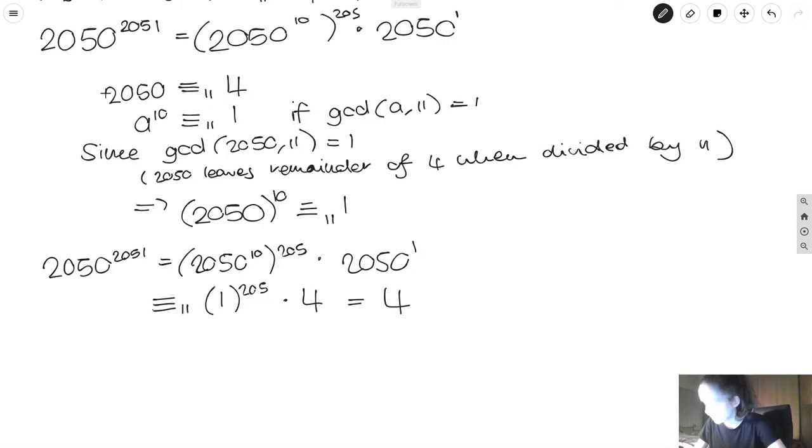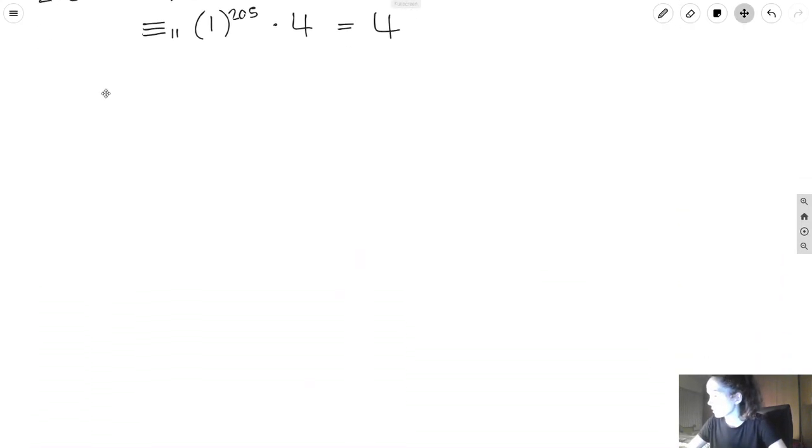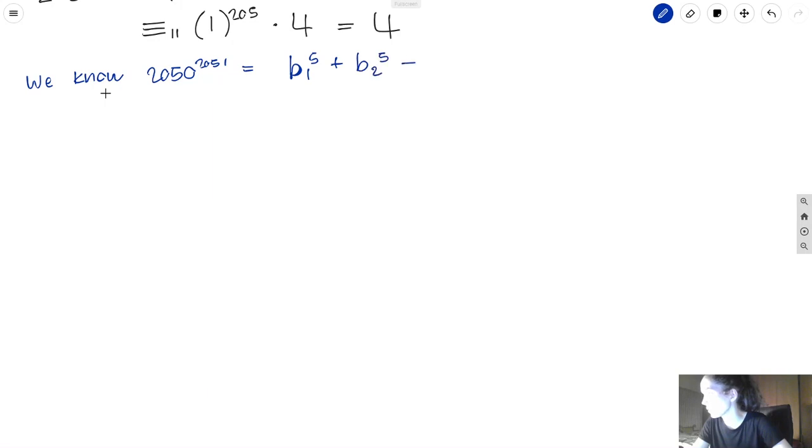So we know 2050 to the power of 2051 is going to be some b1 to the power of 5 plus b2 to the power of 5, on and on and on for k terms.